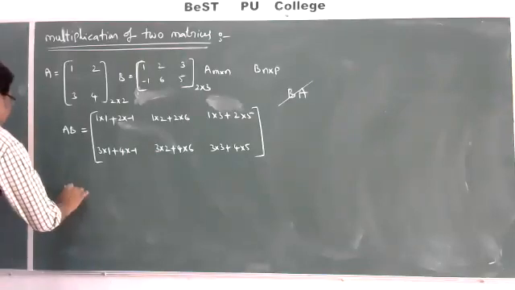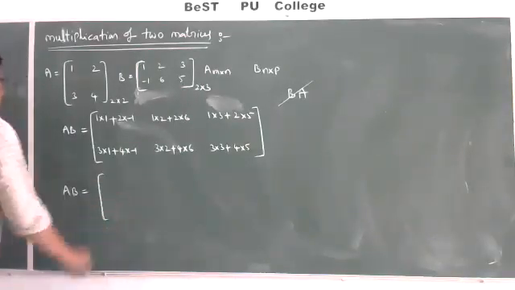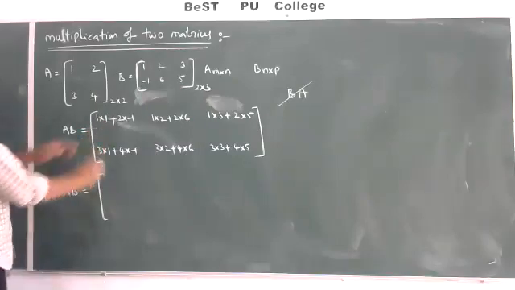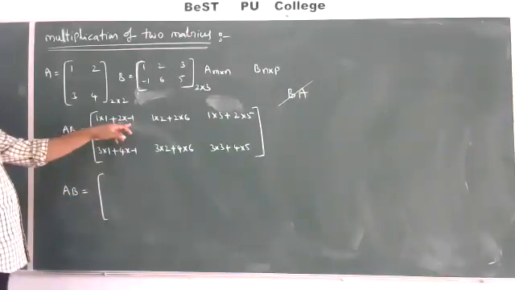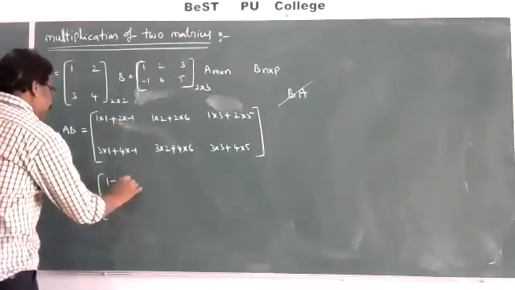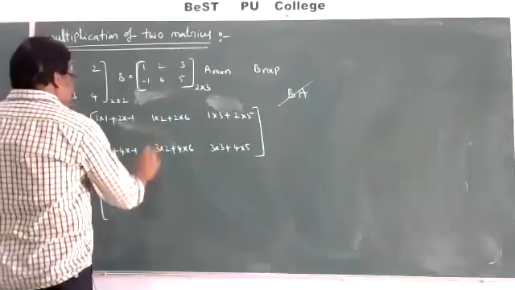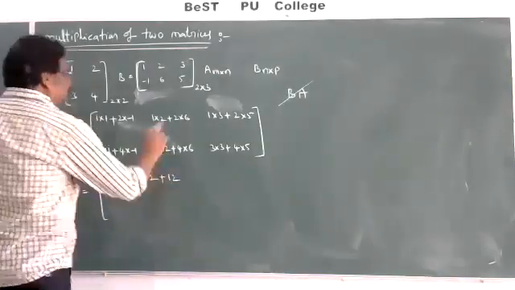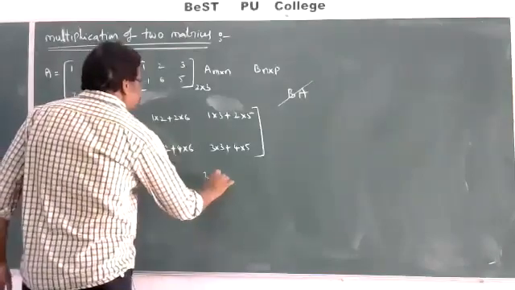That is, AB is equal to 1 into 1 plus 2 into minus 1, which is 1 minus 2. Then 2 plus 12, and 3 plus 10.